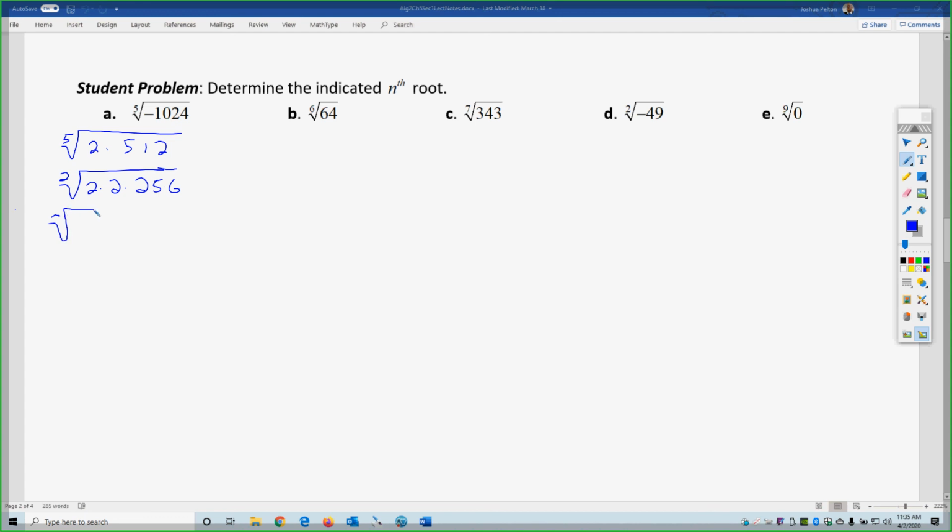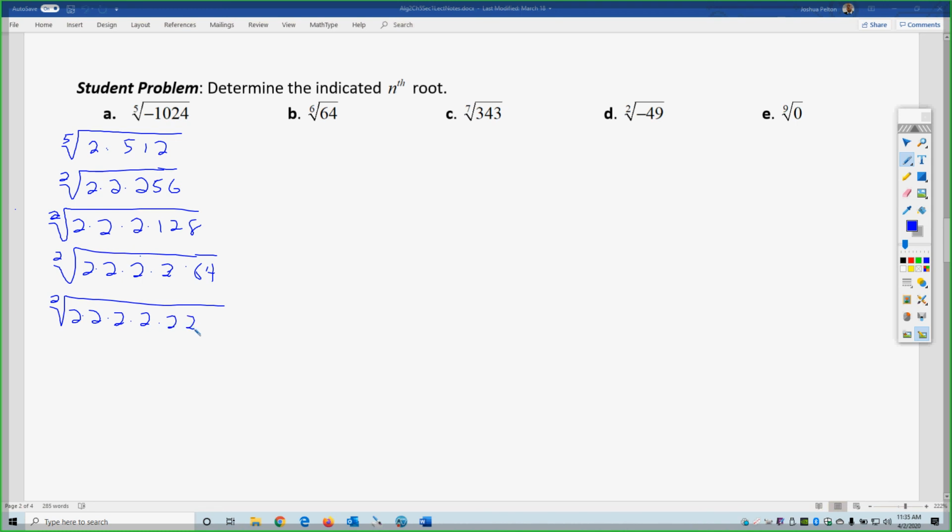Okay, so 2 times 2, and that's going to be 2 times 128, or 2 times 2 times 2 times 2 times 64. Well, 64 is 8 times 8. So that's 1, 2, 3, 1, 2, 3 for the 8s.